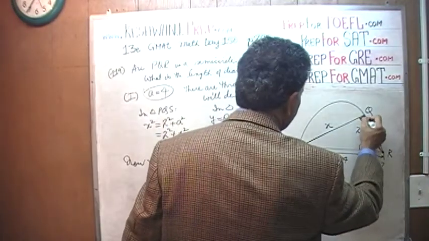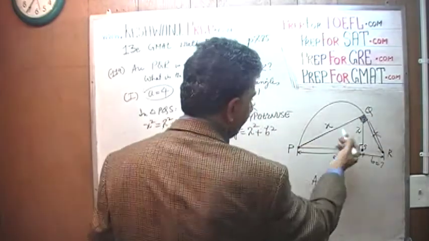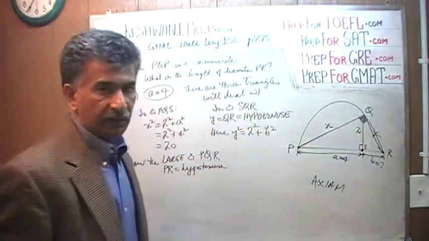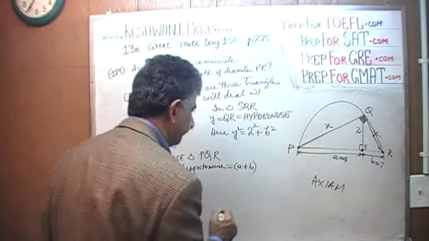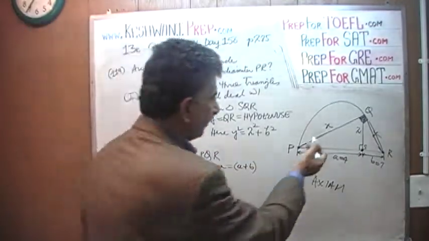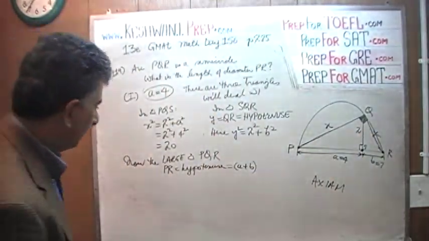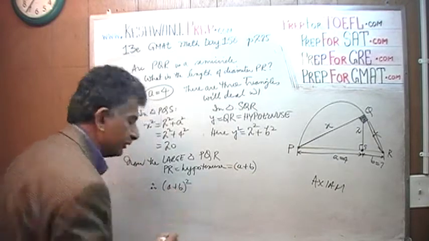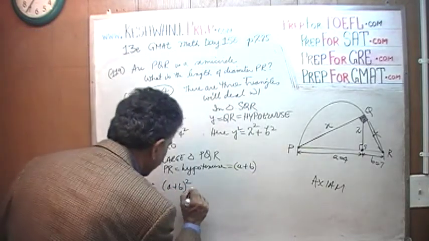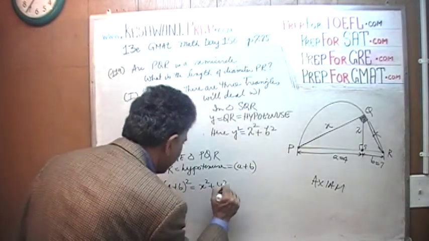You see this fact comes into play here. This is 90 degrees, and therefore P to R is our hypotenuse, which is made up of A plus B. And our two sides are going to be X and Y. Therefore, A plus B squared, which is the hypotenuse squared, would have to equal X squared plus Y squared.